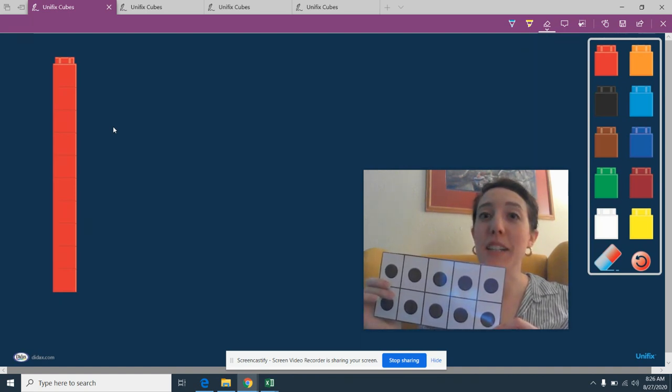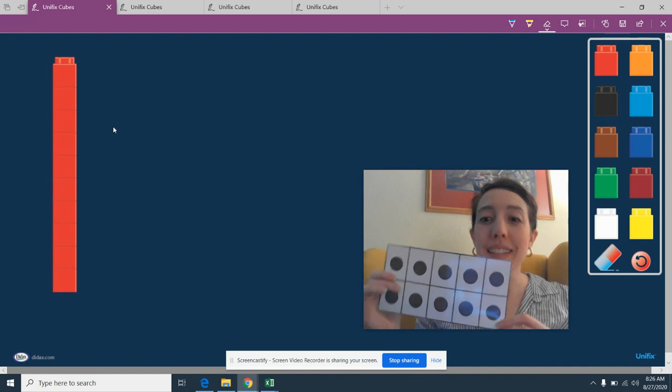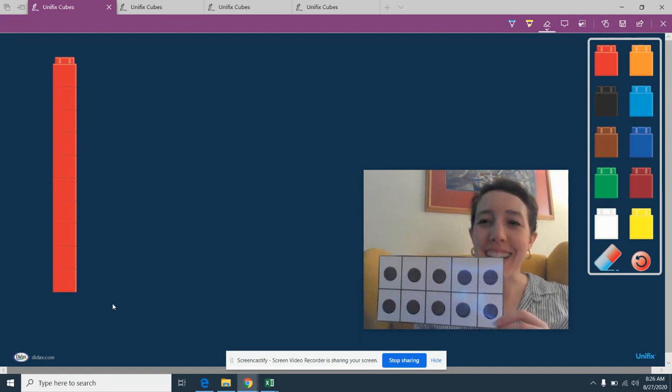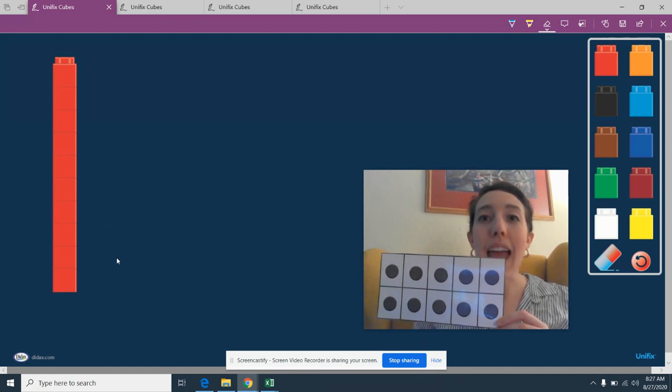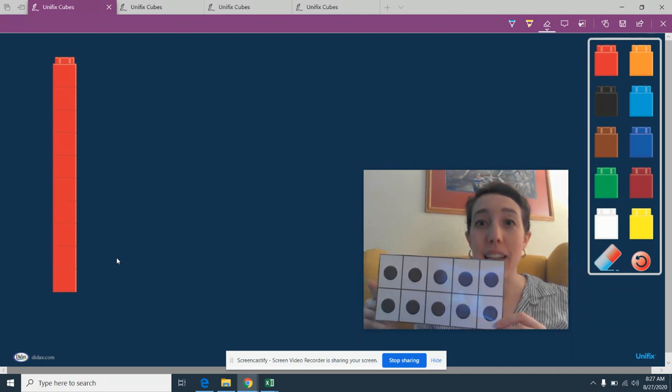Here, can I share with you how I see them as being different? Over here, I see these 10 Unifix cubes as being stacked all together. And right here, I really see this 10 as 5 plus 5. I'll be honest, I can look at this base 10 frame and see it as 5 plus 5 and know that it's 10.